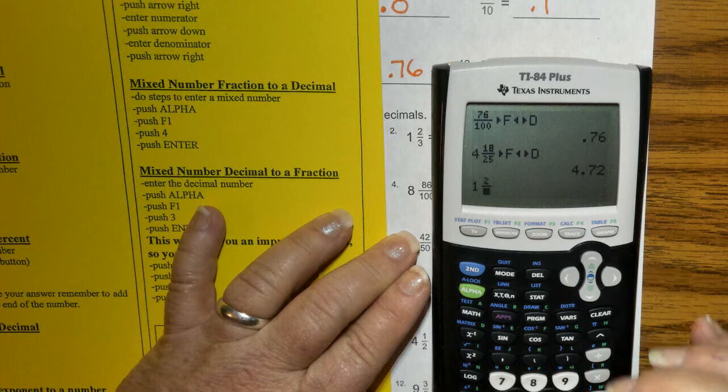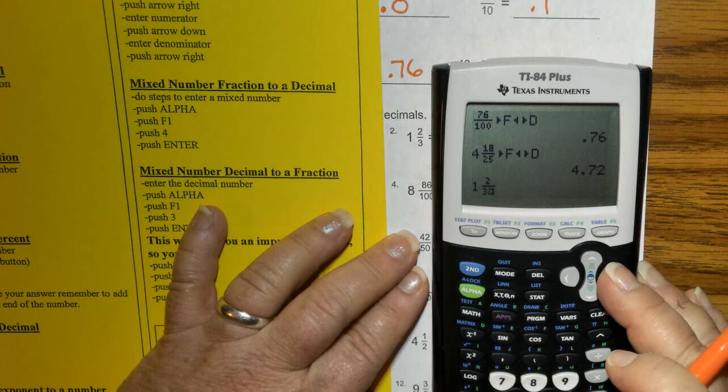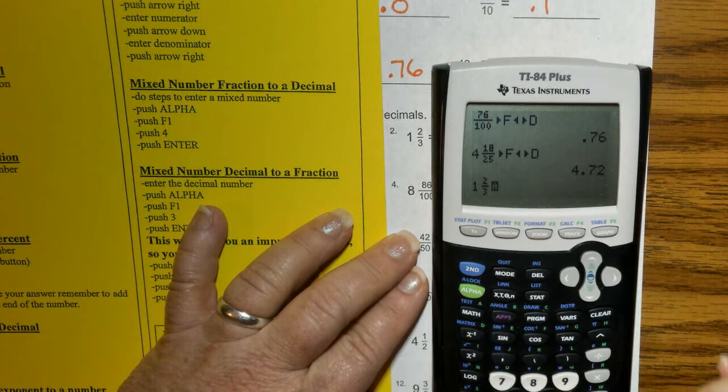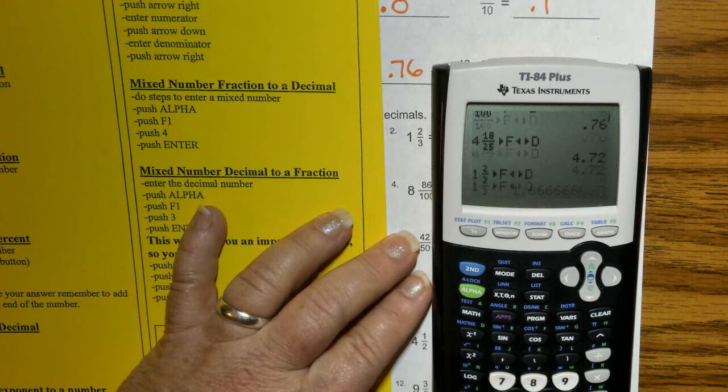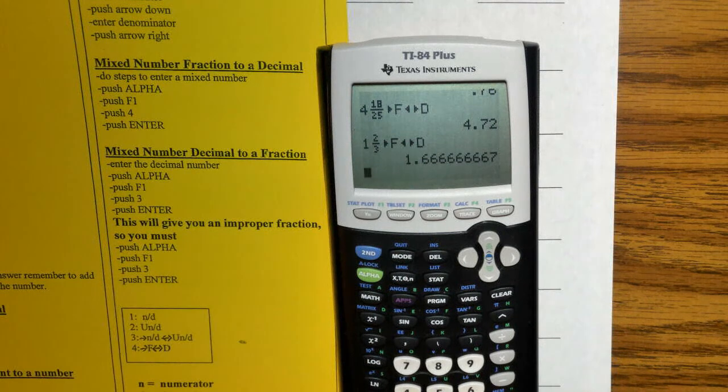Go down and enter the denominator, which is 3. We have to get out of that, so we're going to arrow to the right. Now we're going to press alpha and F1. We want to change it to a decimal, so we're going to use the number 4, and we're going to hit enter. Okay?